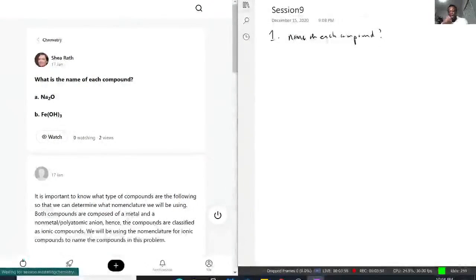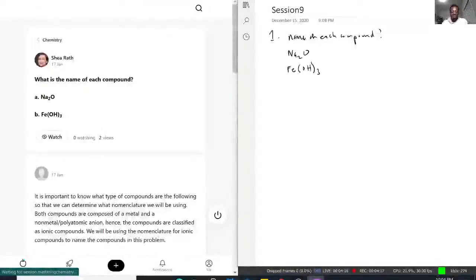So the first one we have Na2O, and then we have FeOH3. Okay? Both very interesting compounds, but let's see how we can get more information out of them.